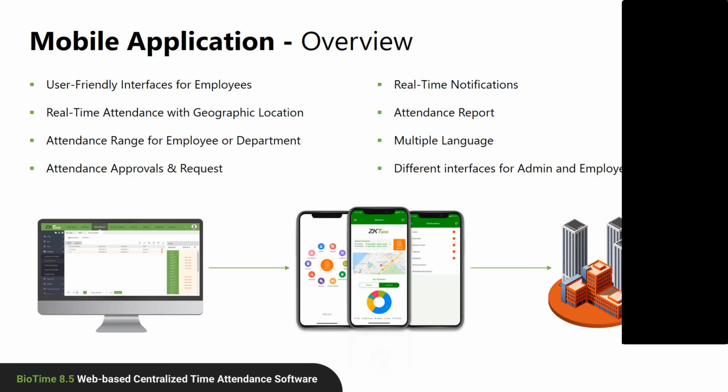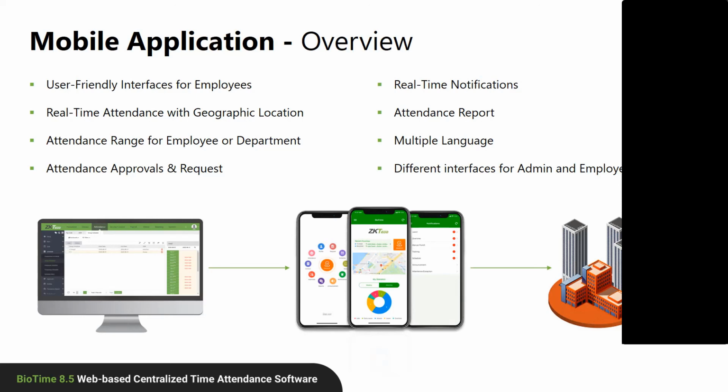There is a separate interface for admin and a separate interface for employee. The admin will have many options apart from the employee, like approving leave or managing some settings, such as profile settings. All those options will be available in the admin login.